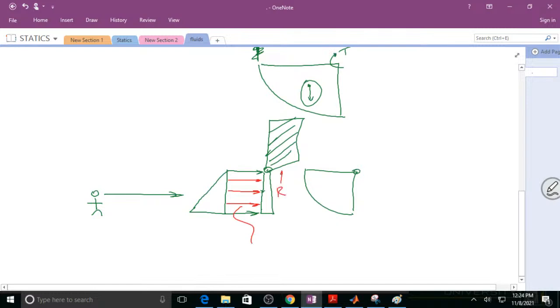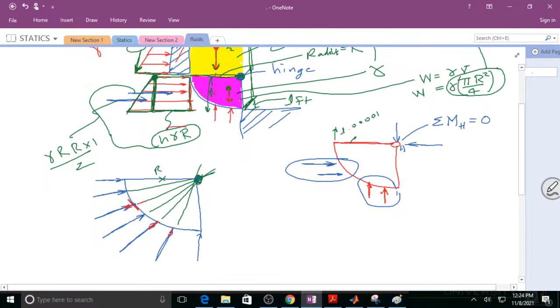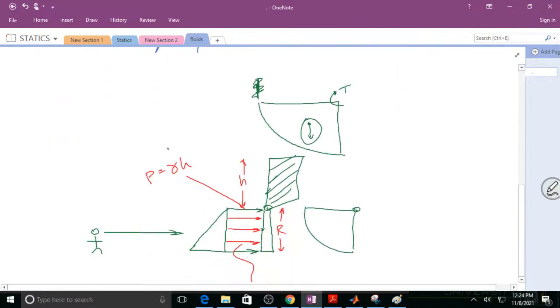This happens to be R. This happens to be H. So the pressure right there is gamma H. If you consider that to be exerted over all of R, gamma HR. So it is that pressure put across a gate which is R tall and is 1 into the board.